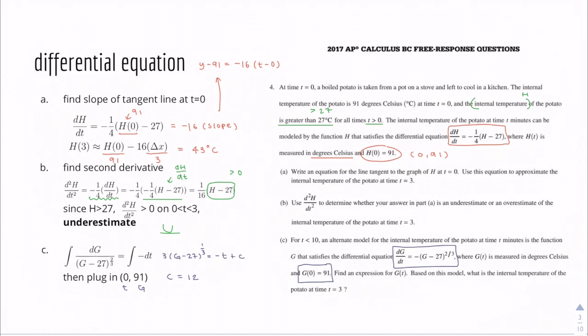Thus, we can plug 12 back into the equation and simplify it to get G(t), which equals 27 plus (negative 1/3 t plus 4) to the 3rd power. And then to solve for G at t equals 3, we get 54 degrees Celsius.